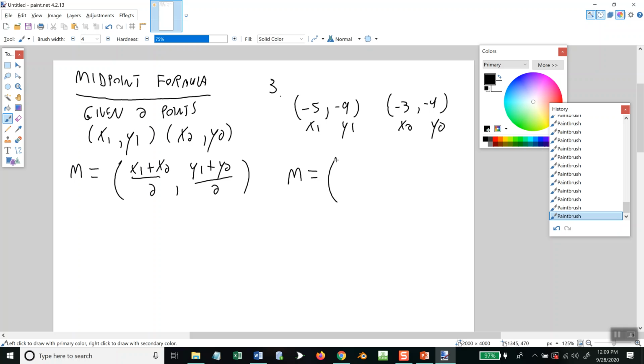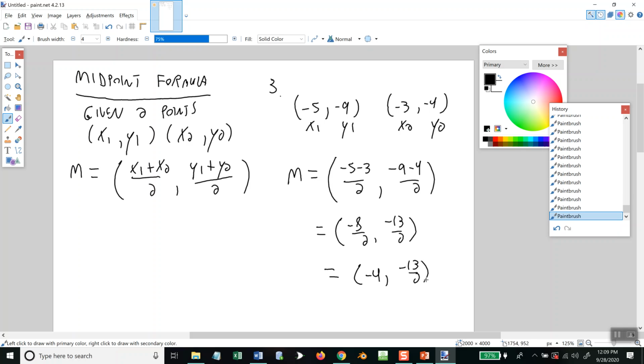Hardly anybody messes up on signs on the midpoint formula. You're just adding the x's together, so we've got -5, -3 divided by 2. And you're adding together your y's, so -9, -4 divided by 2. -5, -3 is -8 divided by 2. -9, -4 is -13 divided by 2. That gives us -4 and -13/2.